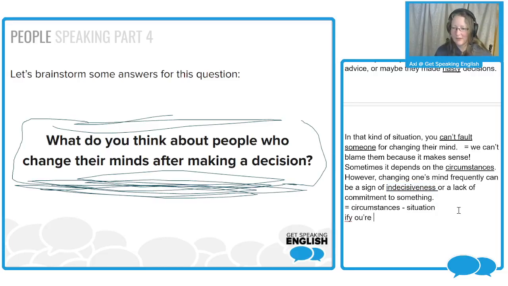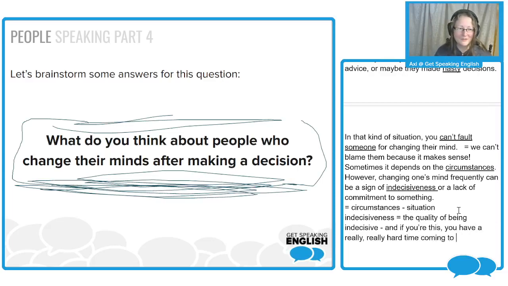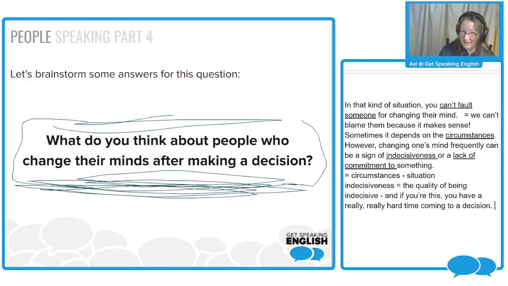Indecisiveness is the quality of being indecisive. If you're this, you have a really, really hard time coming to a decision. So maybe it's a sign of indecisiveness, where you don't really know, or a lack of commitment to something. Like, you're not committed enough, right?